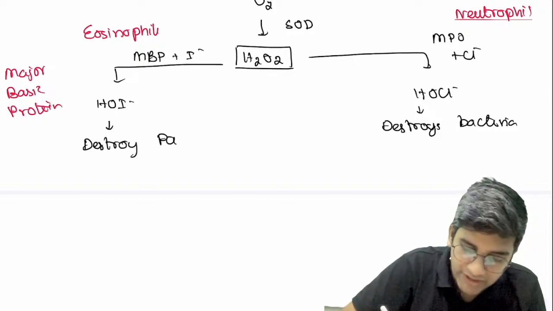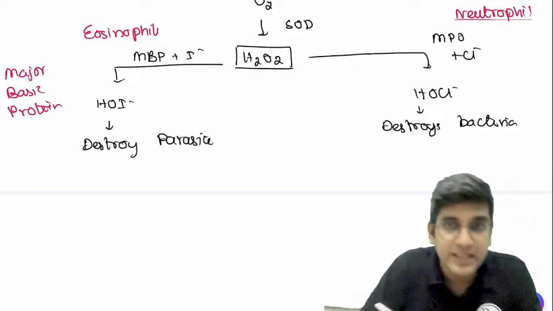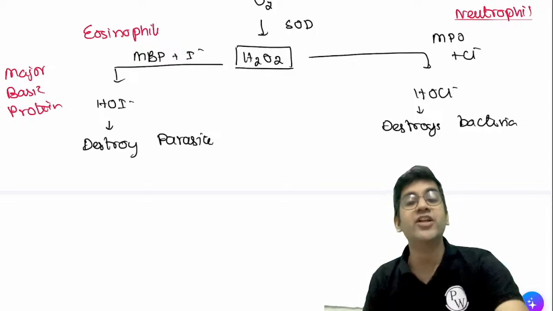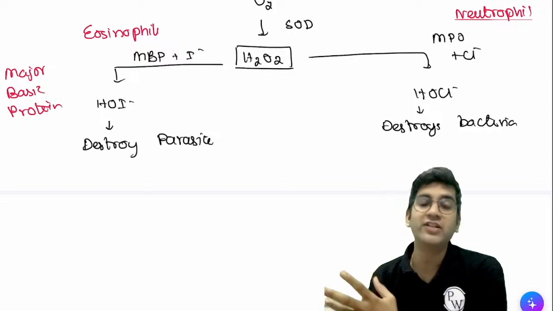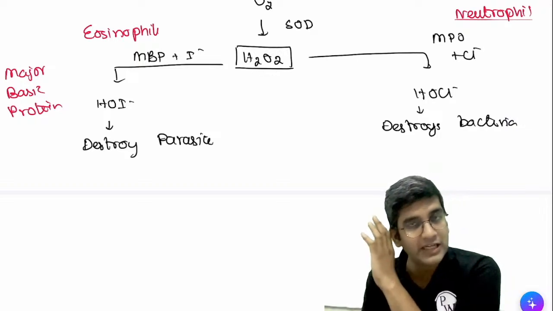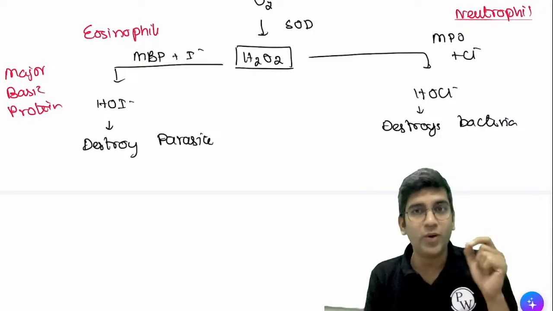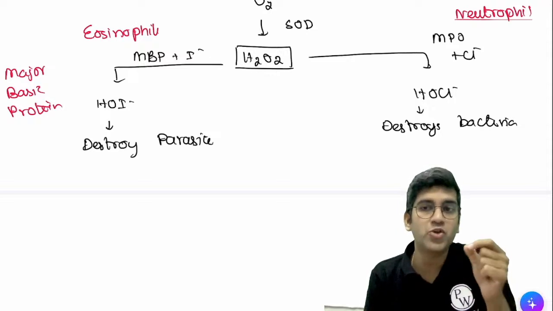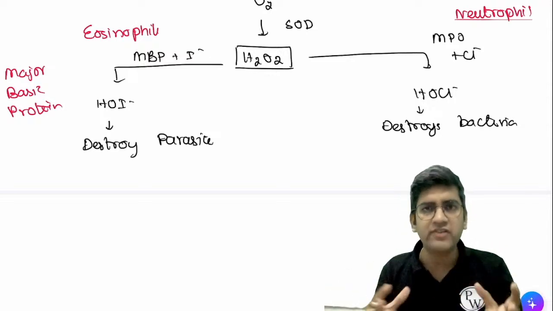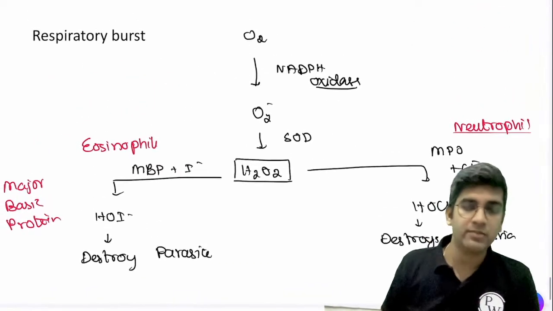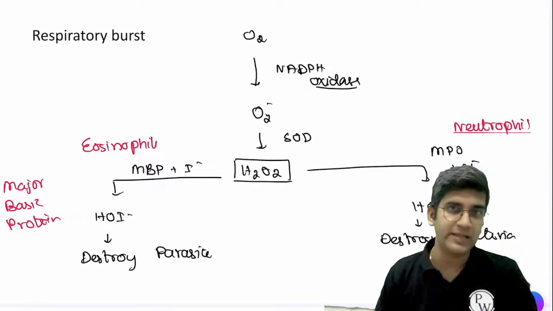Again, my body knows that if it's a parasite coming inside, based on the exogenous chemotactic factor, I need to send the eosinophil, because neutrophil cannot do anything; neutrophil can kill a bacteria efficiently. If it's a parasite, I need HOI, which will be produced more by eosinophil. That's why for different infections, I have different cells coming inside to protect me, right? This is how the bacteria or the parasite will be killed by the respiratory burst, right?